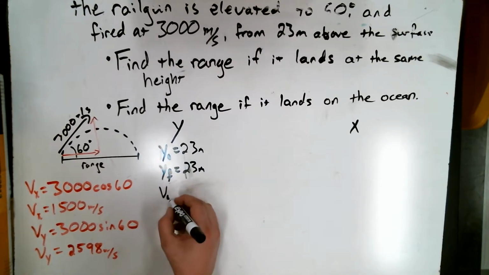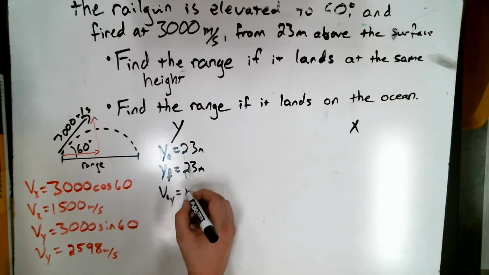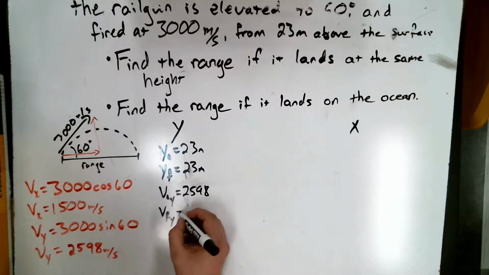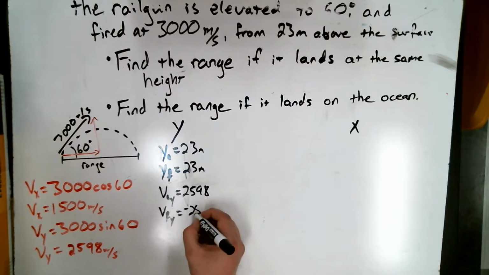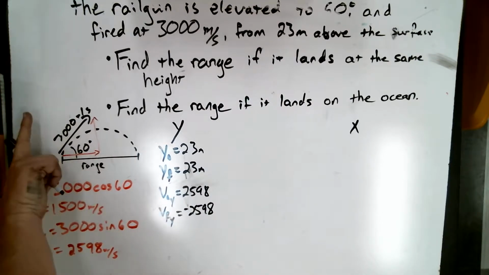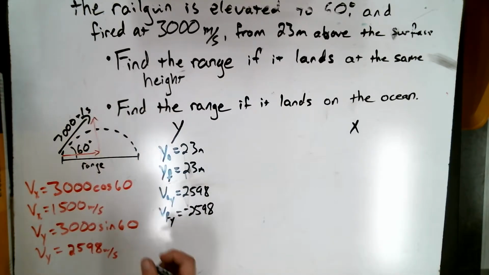My original velocity in the y is 2598. My final velocity in the y is negative 2598. Symmetry. If it's going up at this speed at the beginning, at the same spot on the other side, it's going to be a reverse.